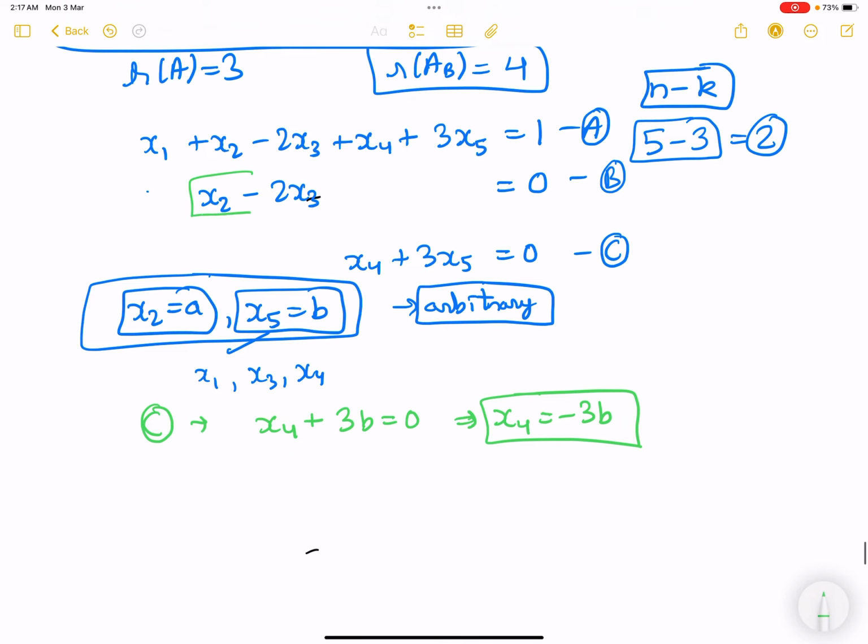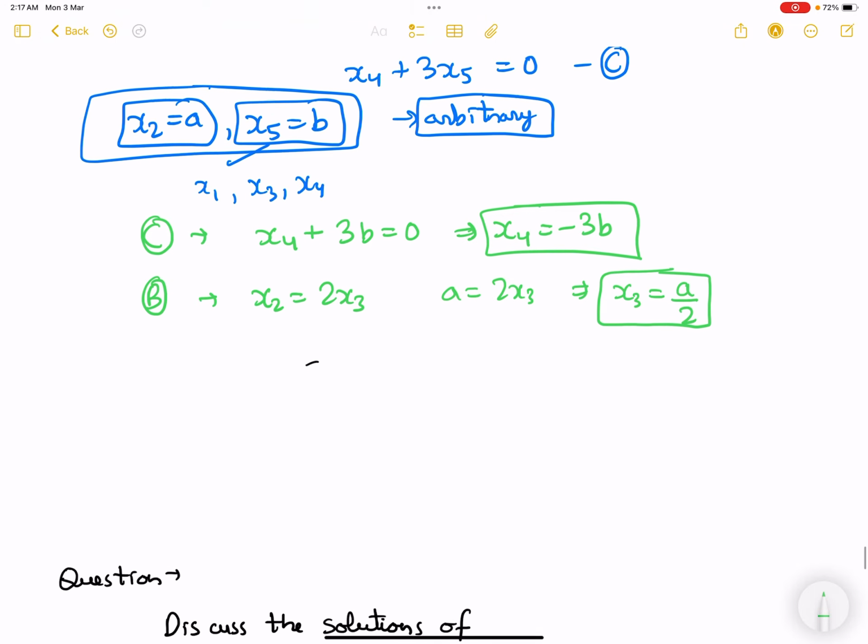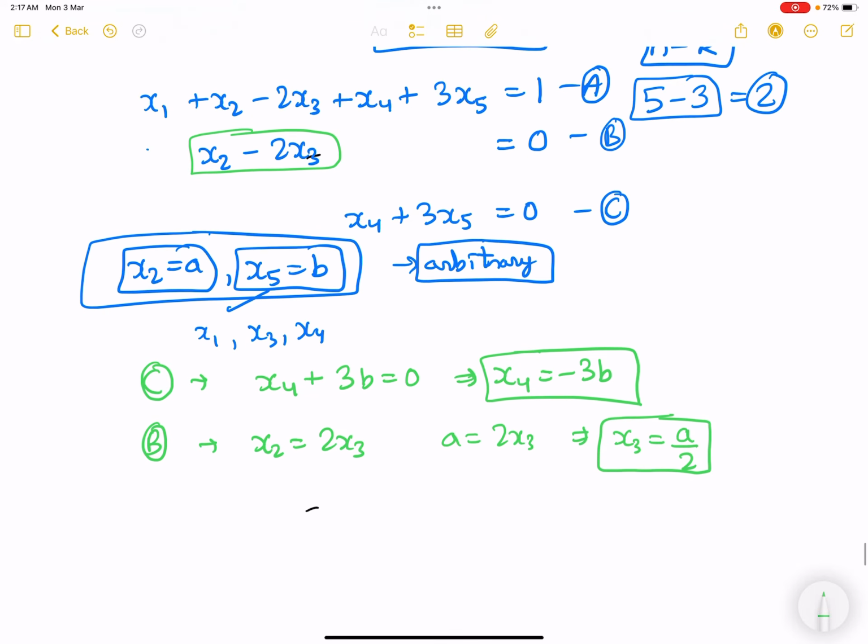Now using equation b, we have x2 equals to 2x3, and since x2 was a, so a equals to 2x3. So this implies x3 equals to a by 2. So we have found the value of x3 as well, and x2, so only x1 is left.